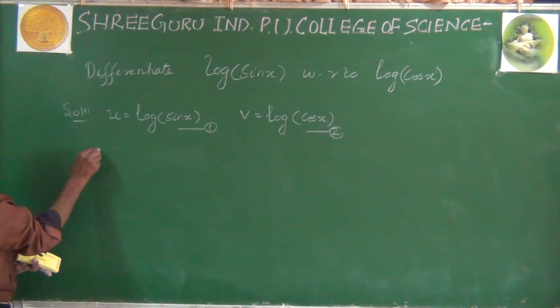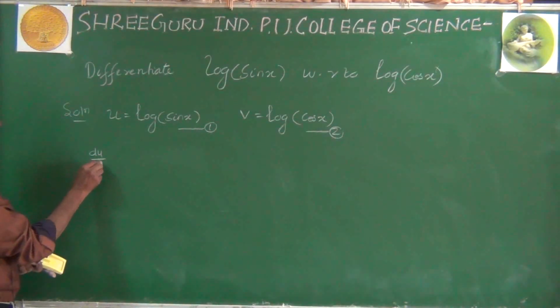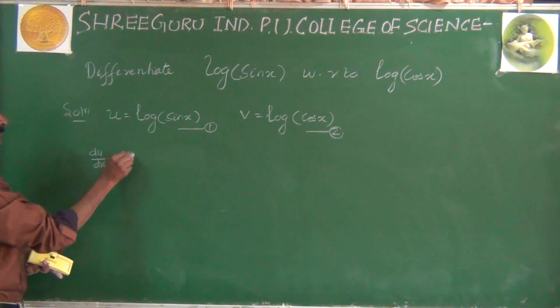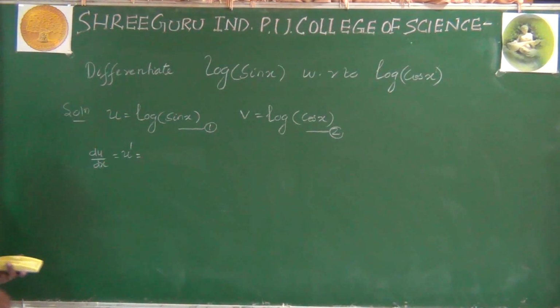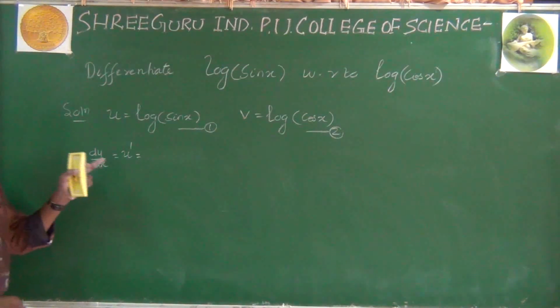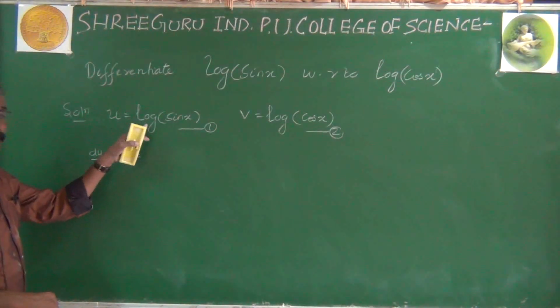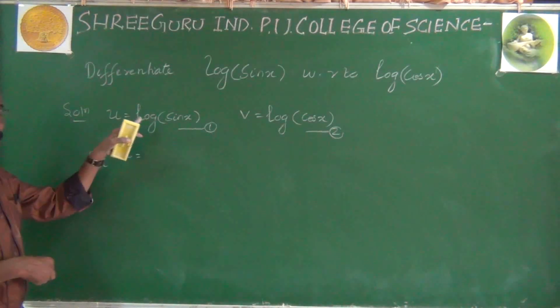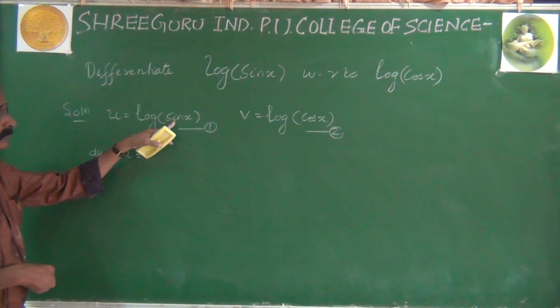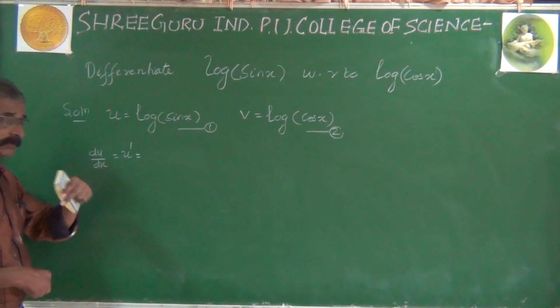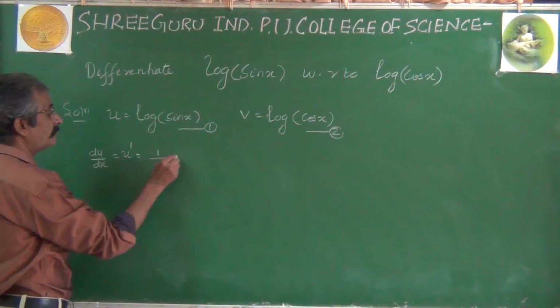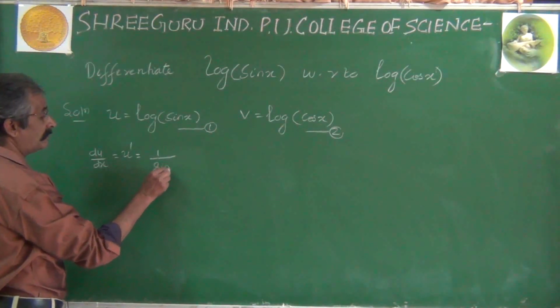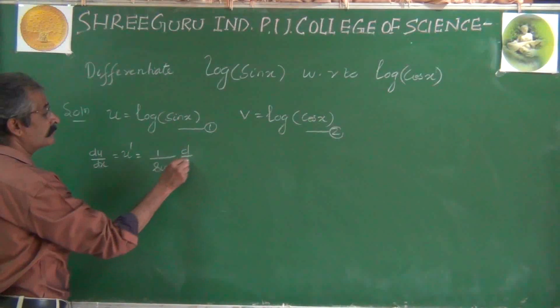So now du by dx, I mean u dash. It is a composite function. The first function is log, already we know that. Derivative of log u is 1 by u into u dash, means here 1 by sin x multiplied by the derivative of sin x.